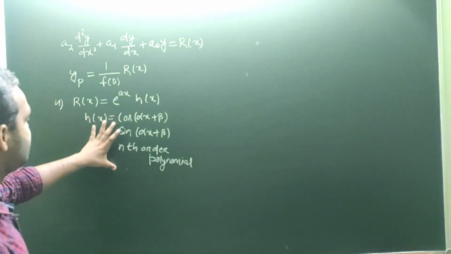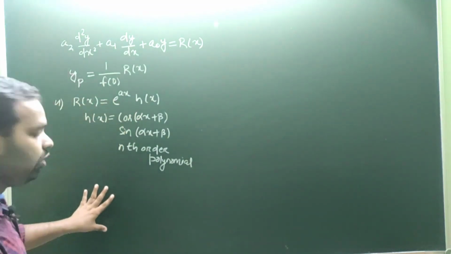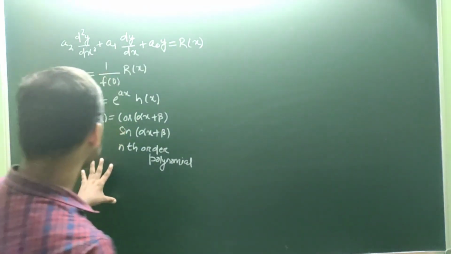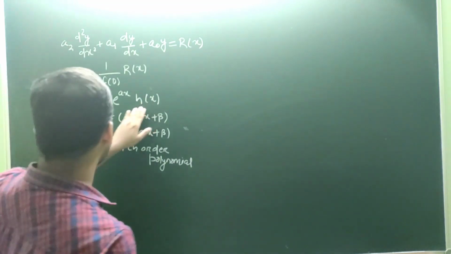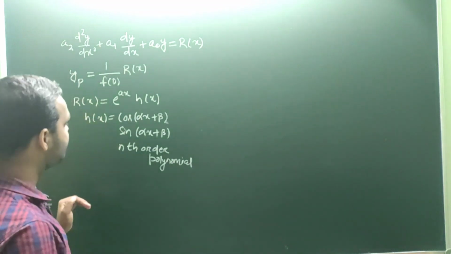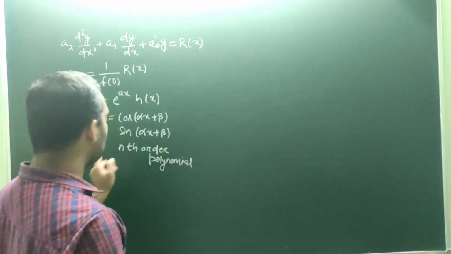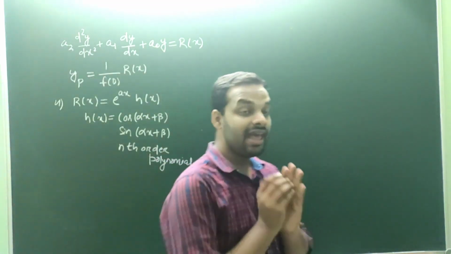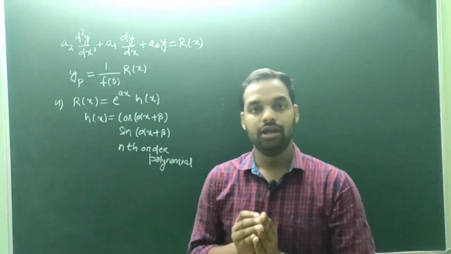For these cases, we will apply the below formula. So here this h of x must be either in the form of cos alpha x plus beta or sin alpha x plus beta, or must be an nth order polynomial, right?